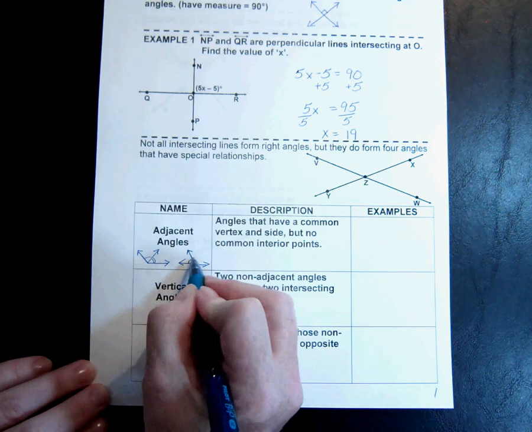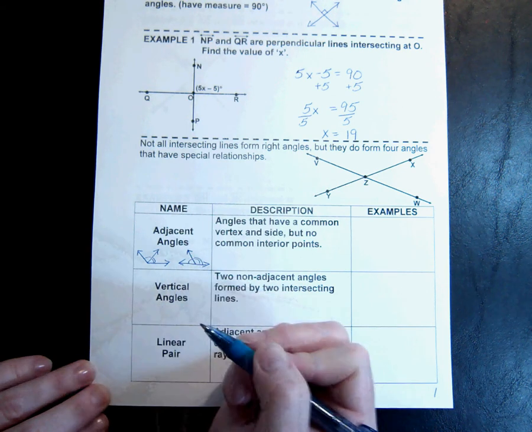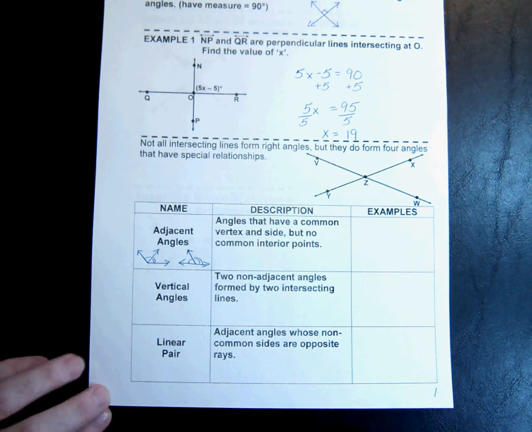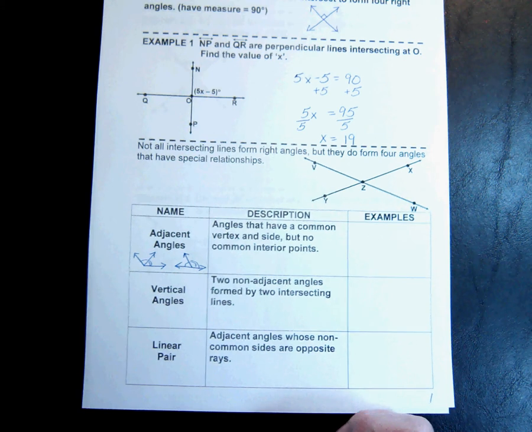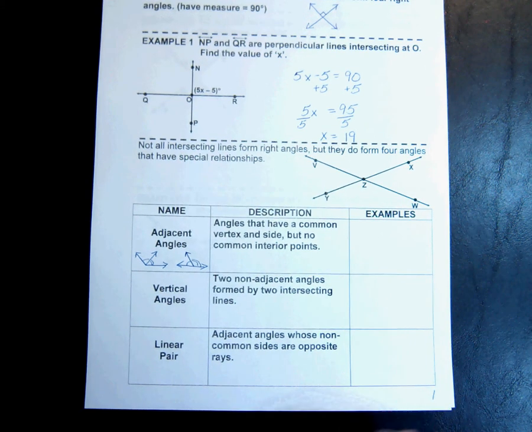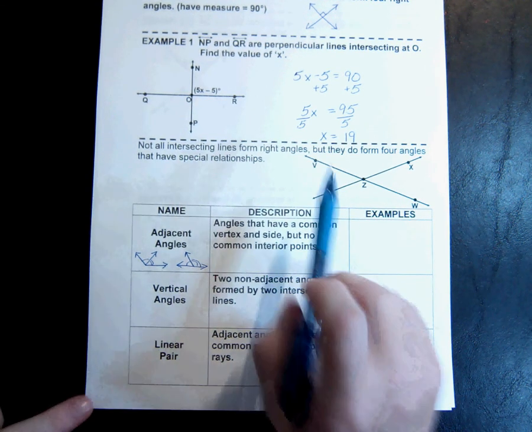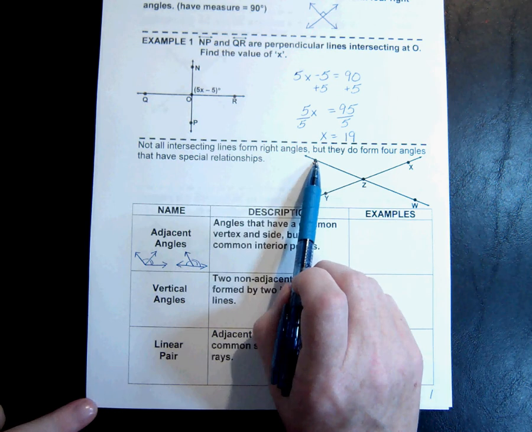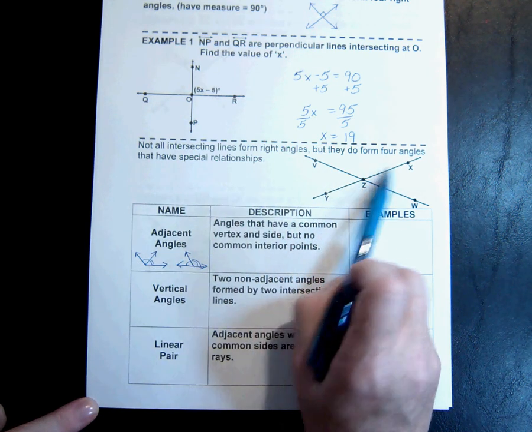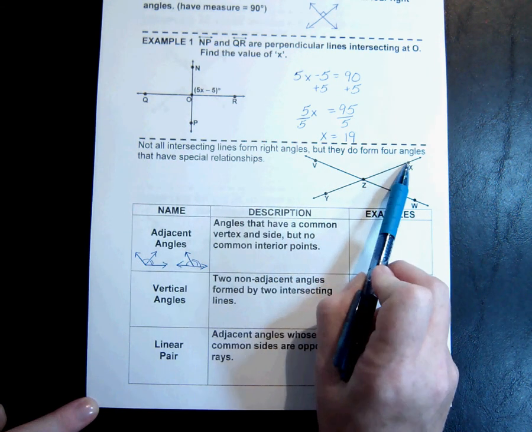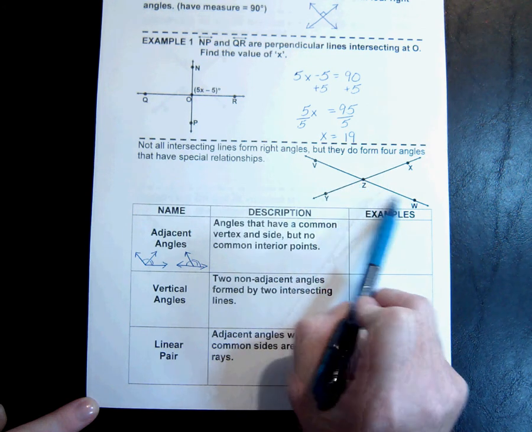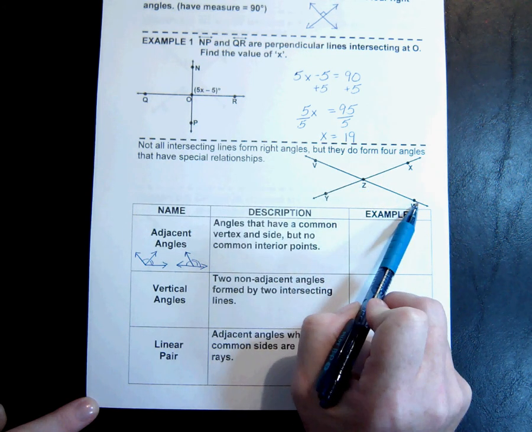This angle is adjacent to that angle. So naming all the adjacent pairs in this example, quite a few of them, you can start with VZX is adjacent to XZW. Then you can just keep going around the circle.